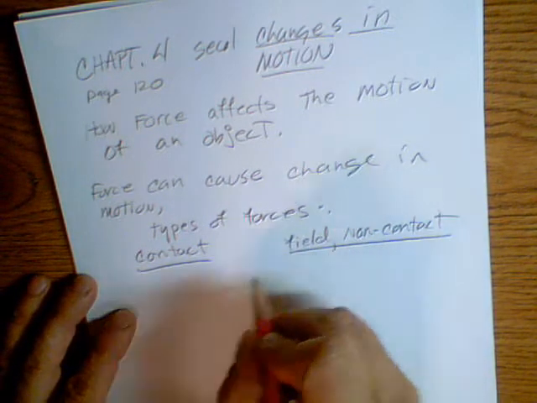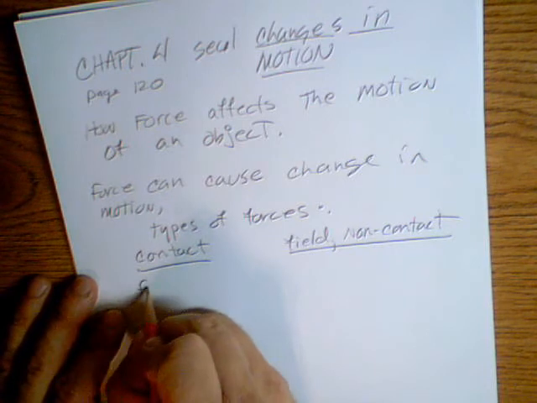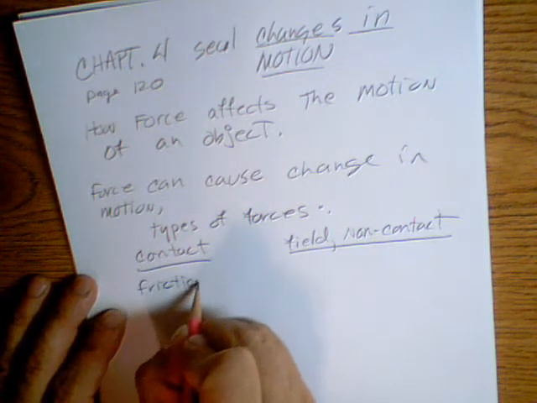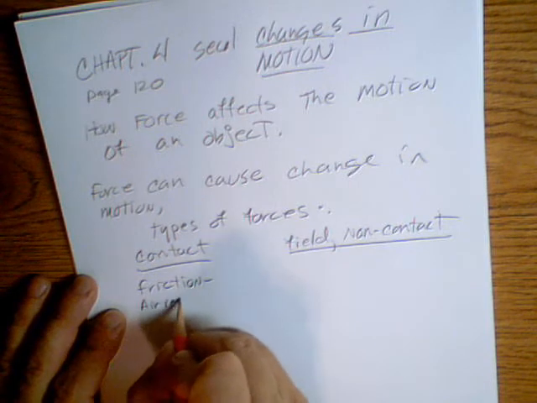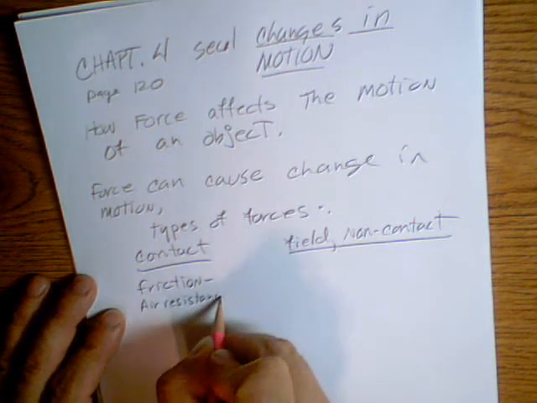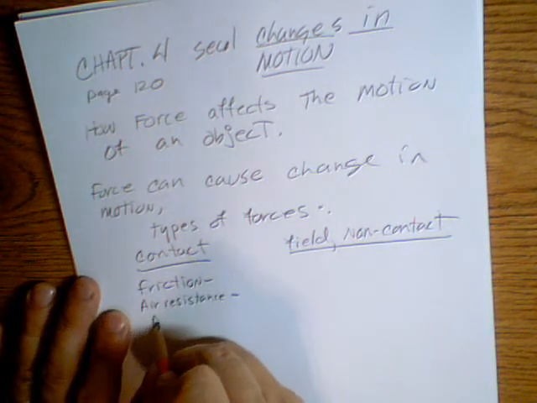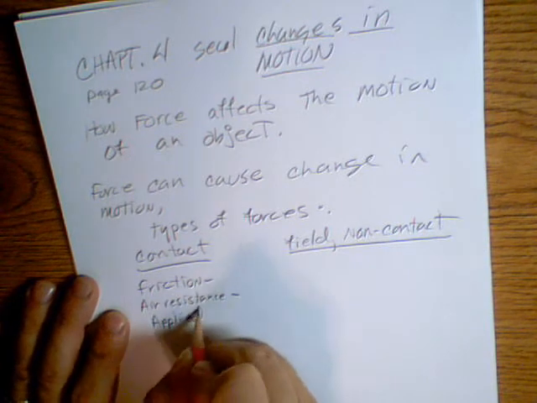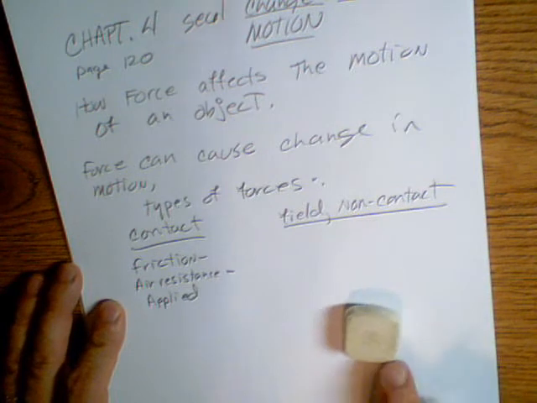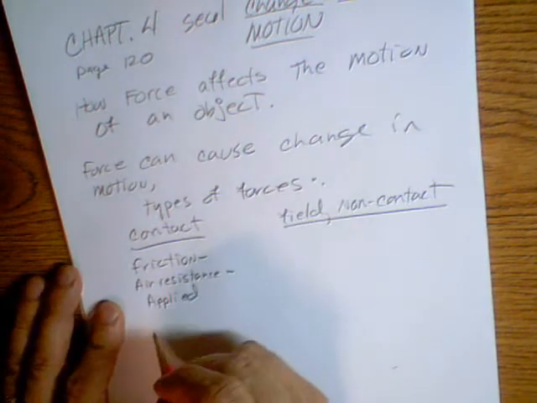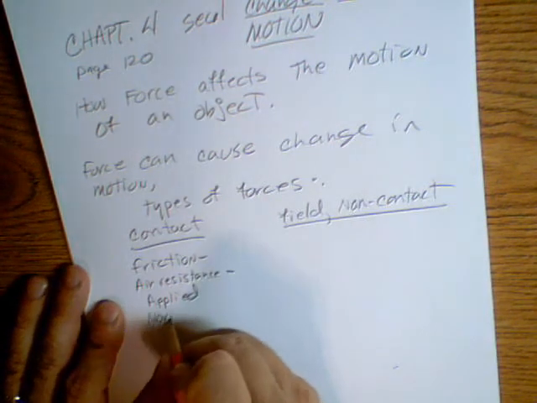And the contact forces are friction. Friction is a force. Air resistance. That's a force. You can apply a force. Applied force, I'm applying a force, or a normal force.